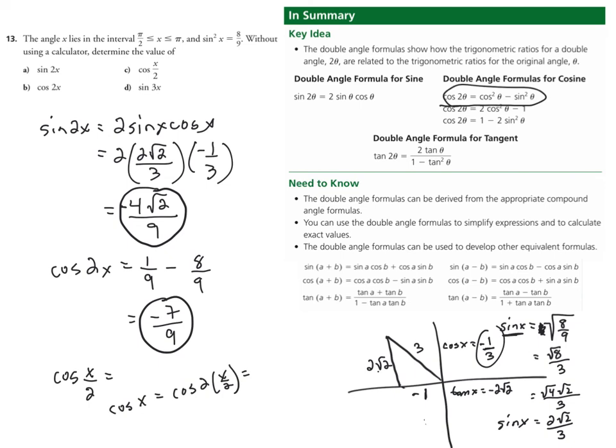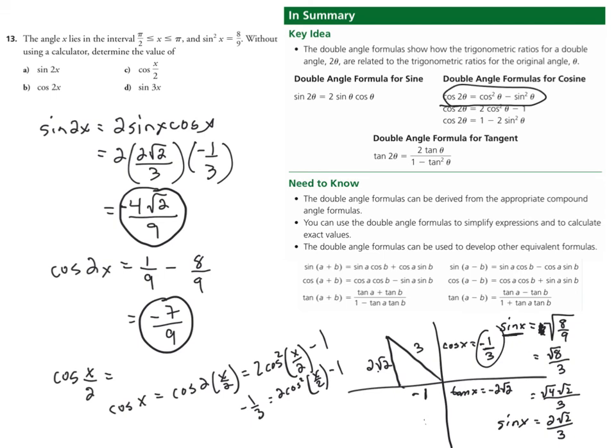So don't use the one with cos and sine. Okay, so let's say 2 cos squared of x over 2 minus 1. Right? And we know that cos x equals negative 1/3.